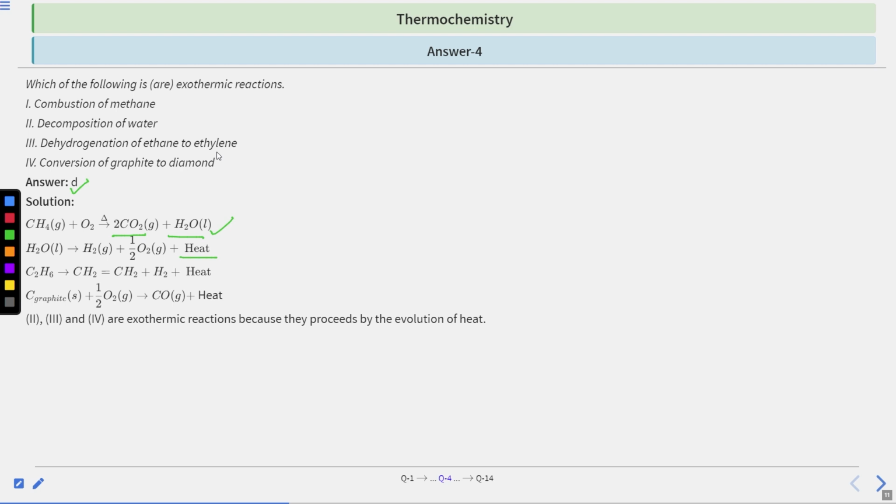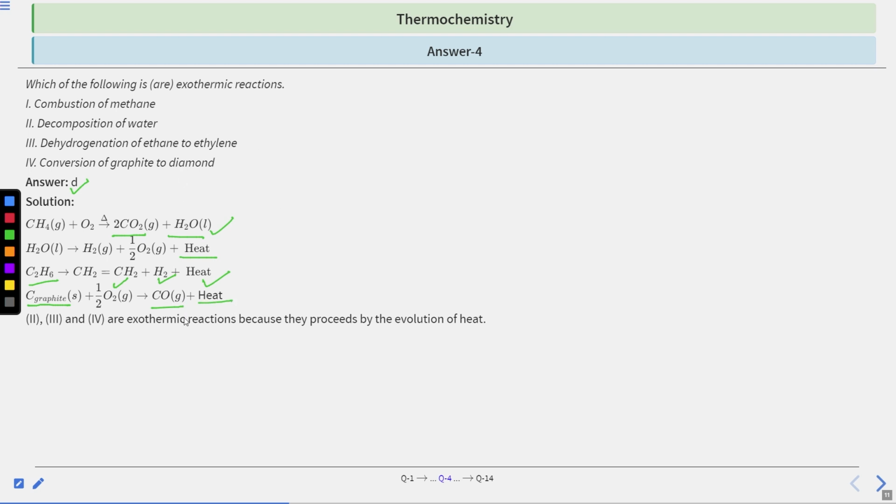Dehydrogenation of ethane to ethylene. So here we have ethane going to CH2 double bond CH2, that is ethylene, and H2 molecule, and heat is evolving in this process. And conversion of graphite to diamond. So C, that is carbon in graphite state, in solid state, combining with oxygen molecule, giving you carbon monoxide and evolving heat.